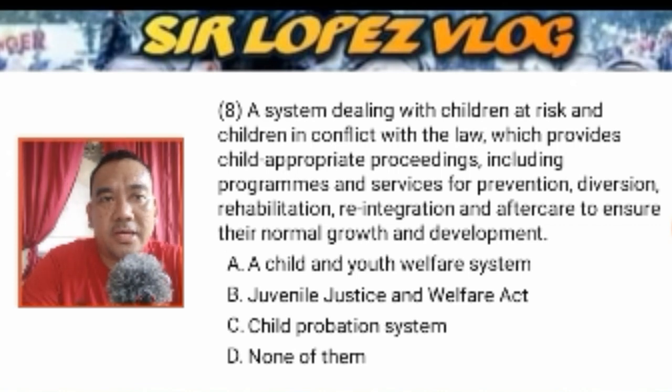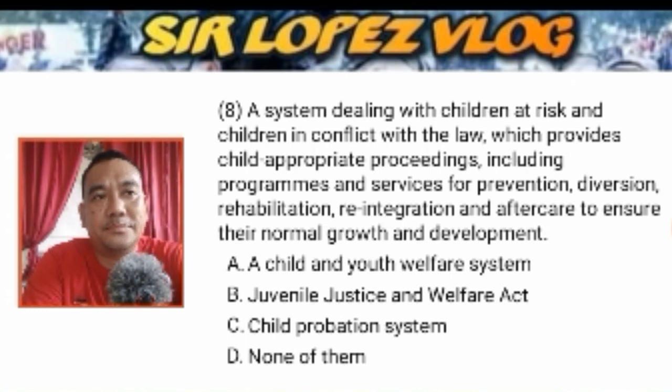Letter A, Child and Youth Welfare Code. Letter B, Juvenile Justice and Welfare Act. Letter C, Child Provision System. Or letter D, none of them.